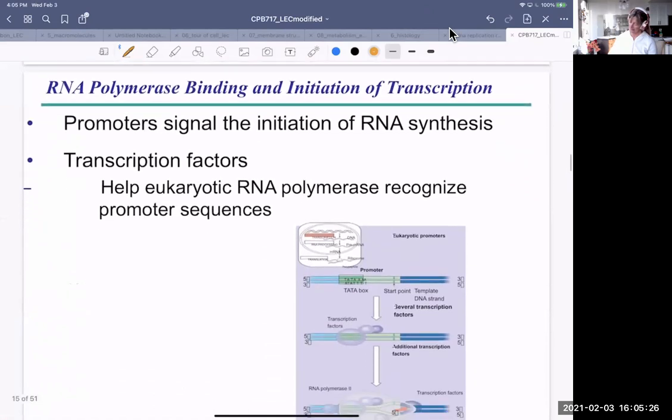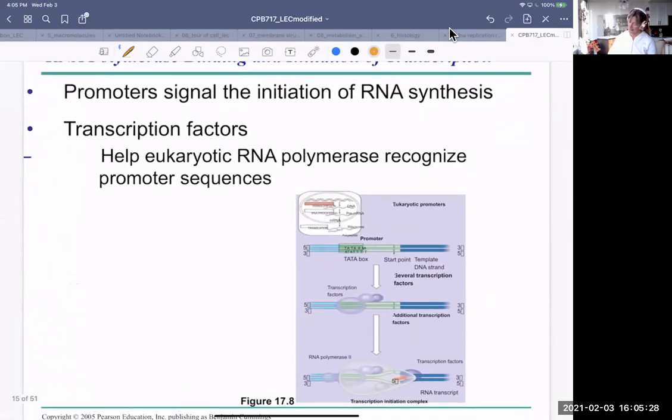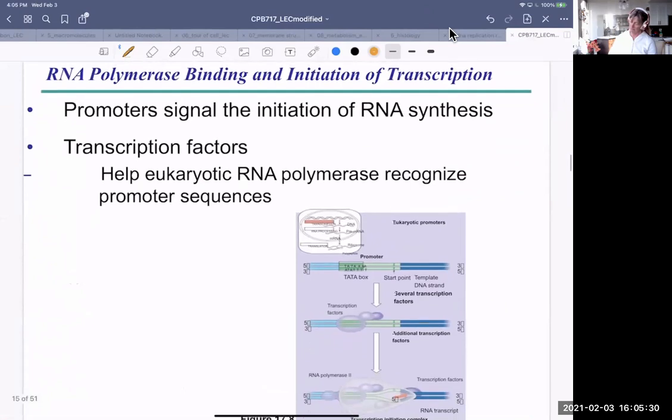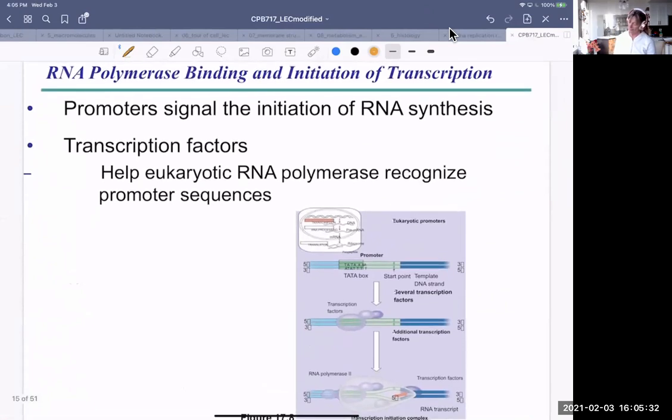So how does that happen? The binding and initiation by promoters. So they are the signaling sequence on the DNA. And how are they recognized as that particular gene? By molecules known as transcription factors.